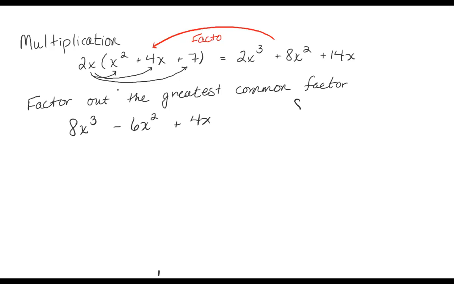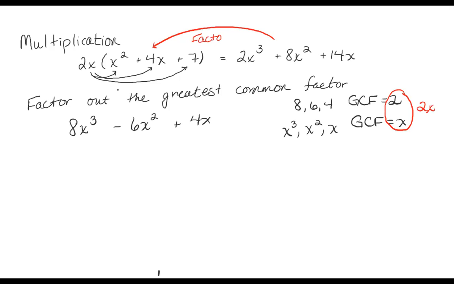My numbers are 8, 6, and 4, and the GCF, or greatest common factor, for those is the number 2. Remember, a common factor is a number that divides evenly into all of the numbers given. The greatest common factor for the variables, x cubed, x squared, x, is the lowest power, so it's x. Putting those together, my greatest common factor is 2 times x.